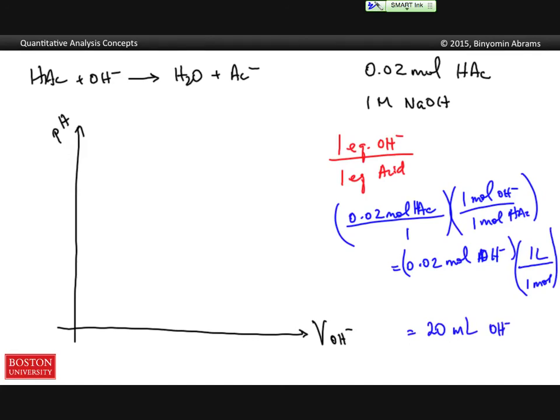So let's say 20 milliliters is around here, 40 is over there. We will be completely titrated at 20 milliliters.